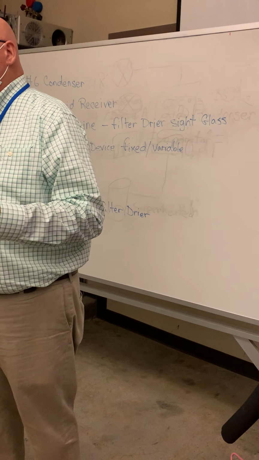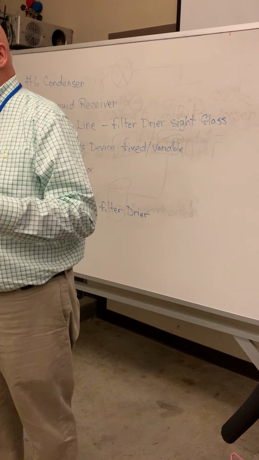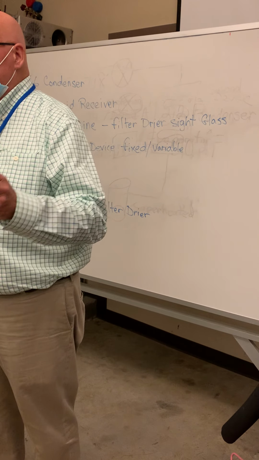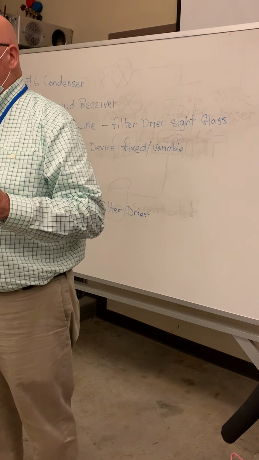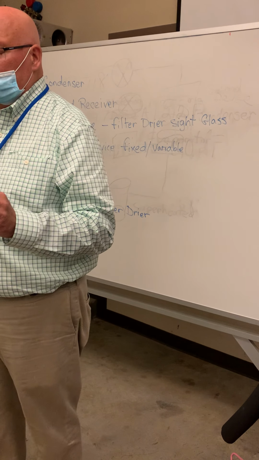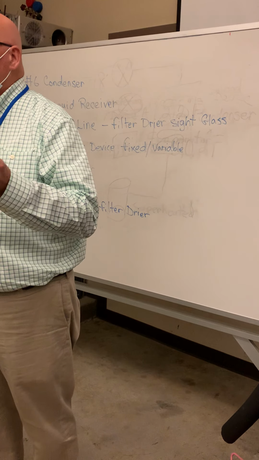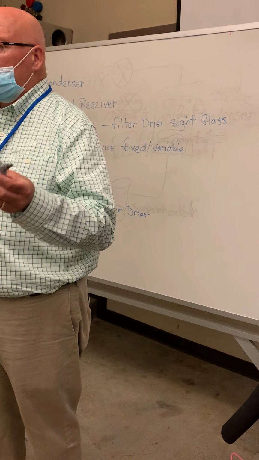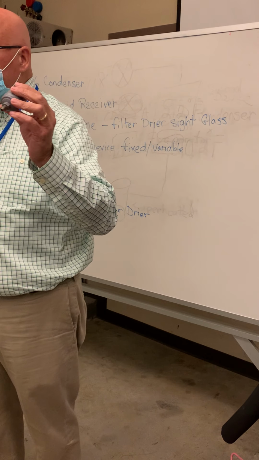I think probably the one that you would see the most is that when they braze the copper lines, the line set, they did not use dry nitrogen to reduce the amount of interior oxidation on those lines. So some of that oxidized material is floating in the system. The filter dryer would capture that.